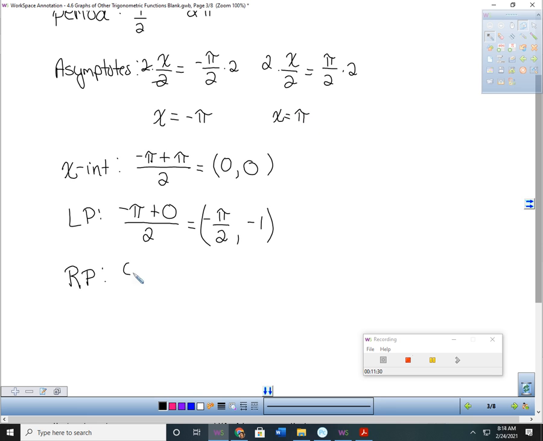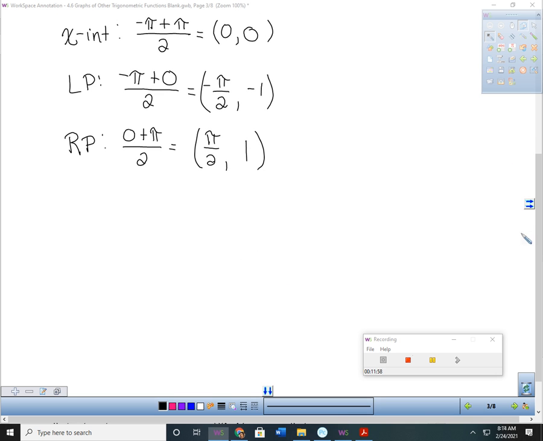So I'm going to take that and add that to the pi and divide by 2, which gives me pi over 2. And on the right side, we normally go up to 1. We didn't add or multiply by anything that would need us to move that in any way, so we will stay at 1. These are kind of like the key points from sine and cosine, all right?